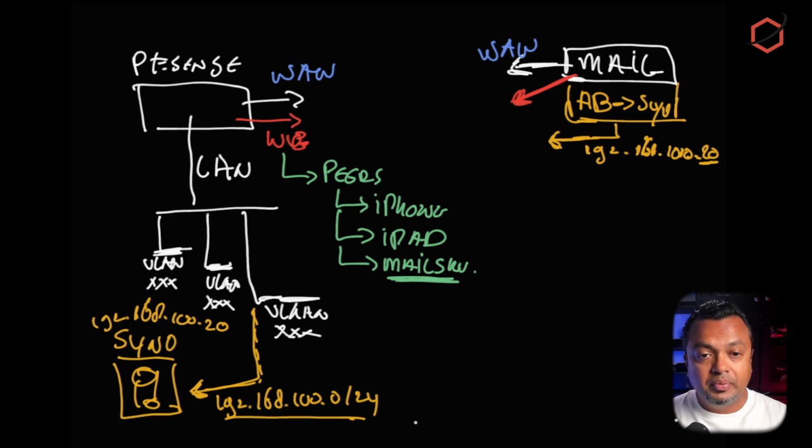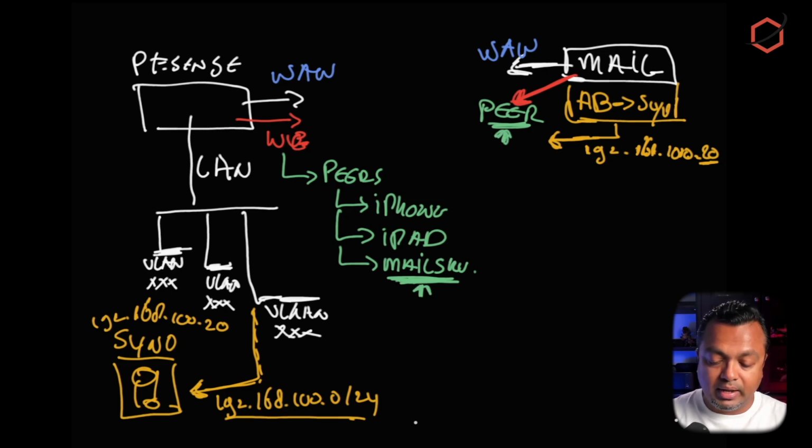But now I need to create a peer connection, a peer configuration, because that's the way WireGuard works. You need to set up the server, or the component, the package actually, and then you need to configure peers. And those are your actual connection points. So the mail server peer needs to be configured here. So this is a peer. And this peer connection is the same as this one, of course, as the mail server.